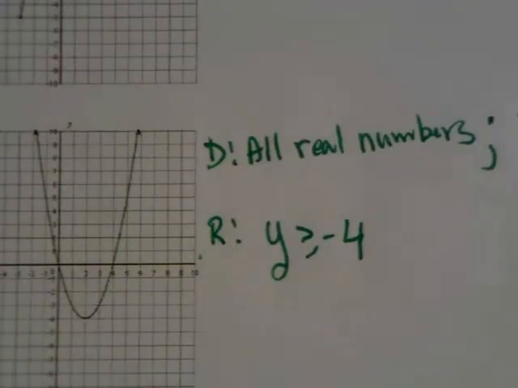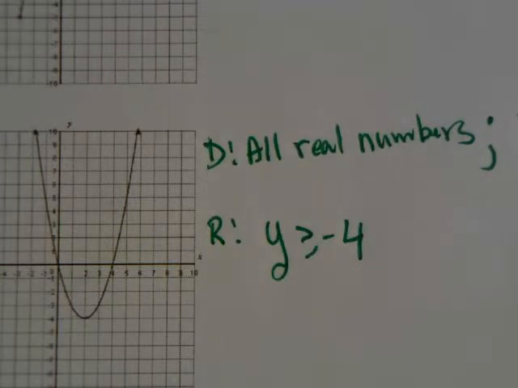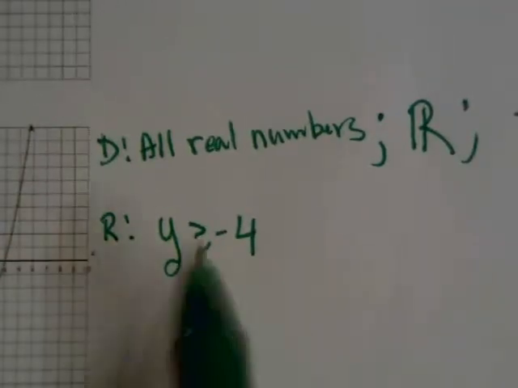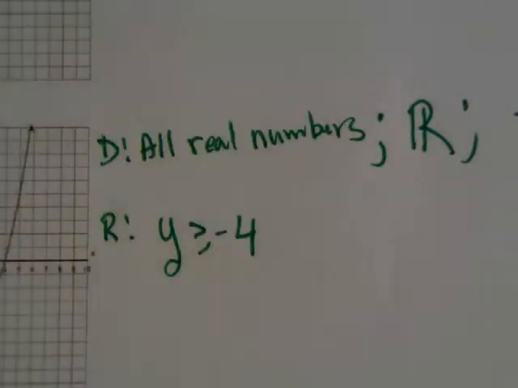Okay, so that can happen. Sometimes your domain can be all real numbers. It's also possible that your range can be all real numbers. And it's possible that your domain and range can both be limited as so. It's possible that one can be limited and one isn't. And one might only be limited on one side. It has a low point and goes up high forever.